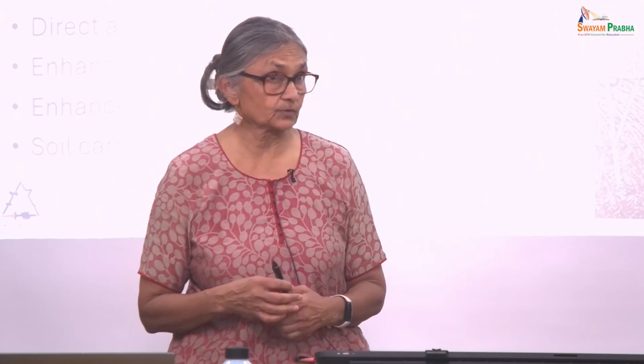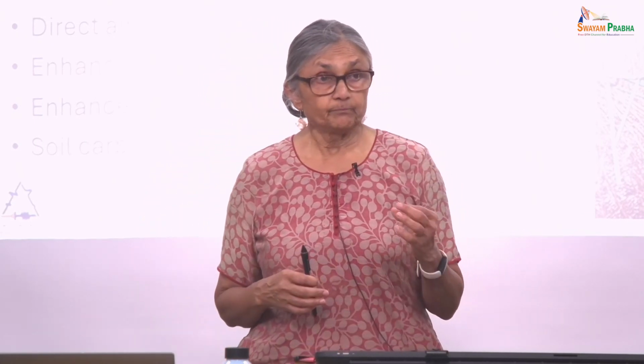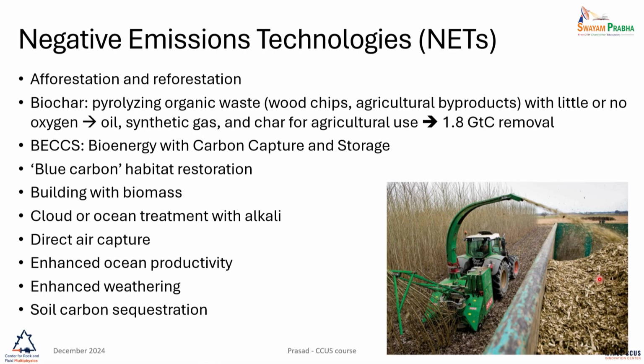And so when you add it to soil, it enhances the moisture content in the soil. In places that have chronic water shortage, this becomes a very interesting technology. And so this is still a very early stage. Technology readiness levels might be 3, 4.